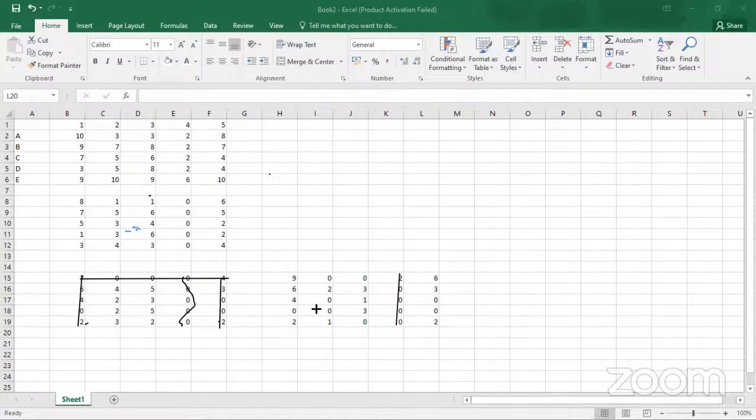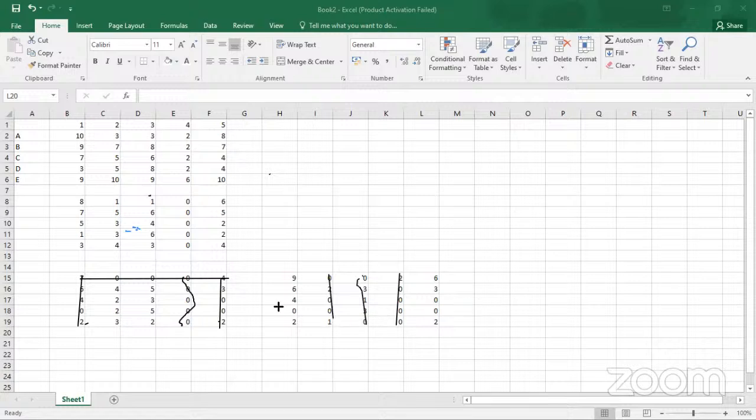No. Fourth row? No. Fifth row? Yes. Cover it with a vertical line. Then first row now? Yes. So cover it with a vertical line. Okay, I have covered.